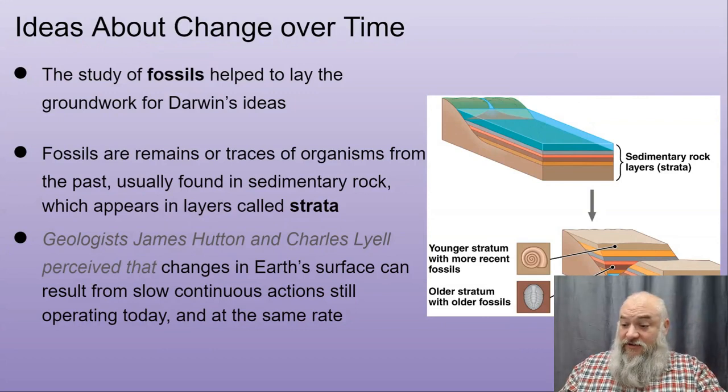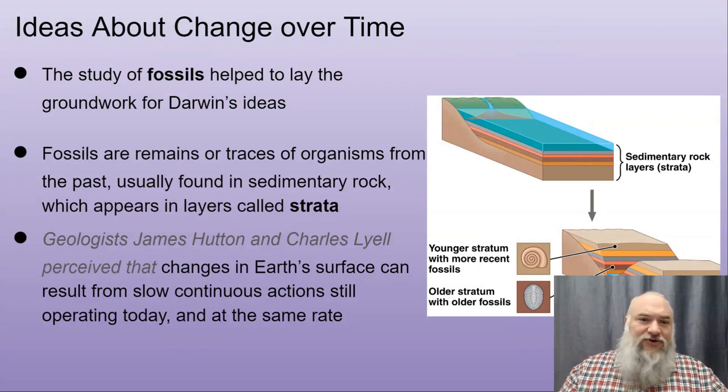We used to think that the Earth was around 6,000 years old. But then they were getting calculations of the Earth being tens of millions, hundreds of millions of years old. Now we know it's about 4.5 billion years old because we have more modern technology. We're able to measure other things with radioisotopes and rock formations and things of that nature.